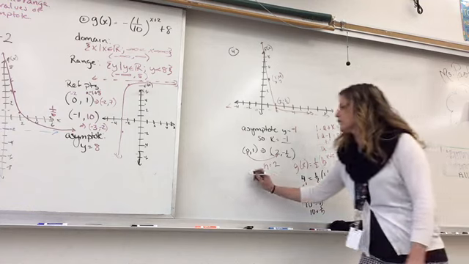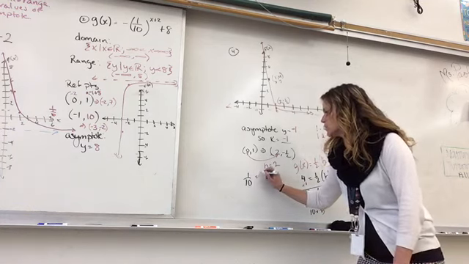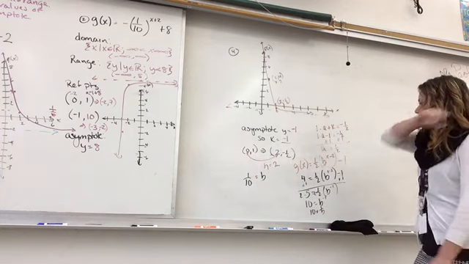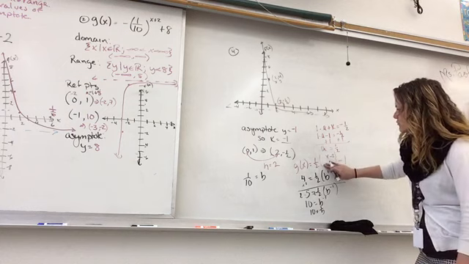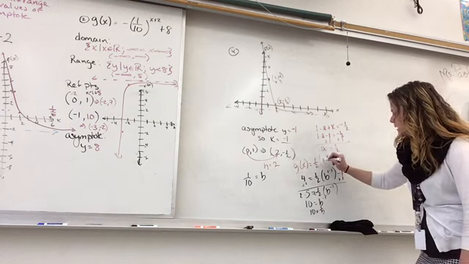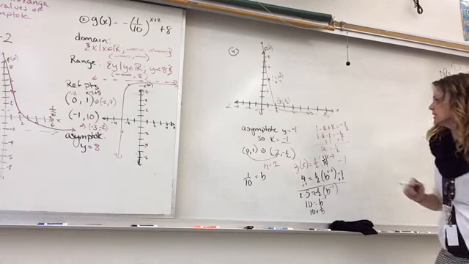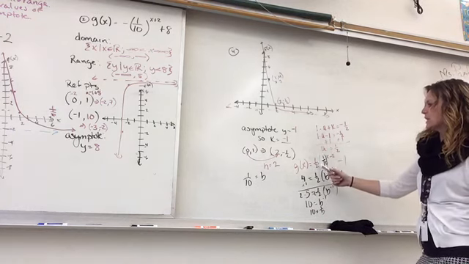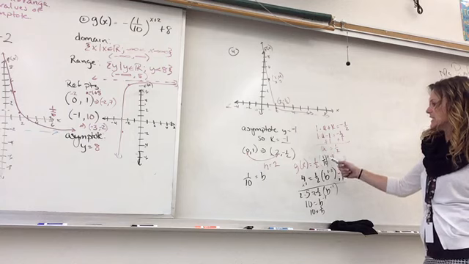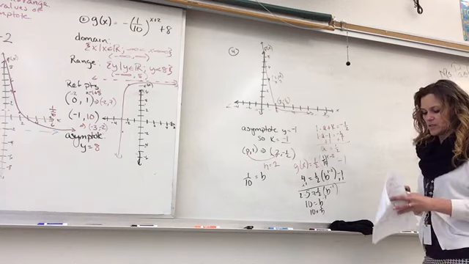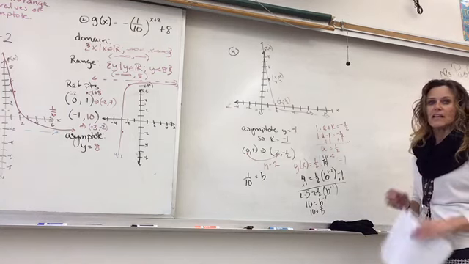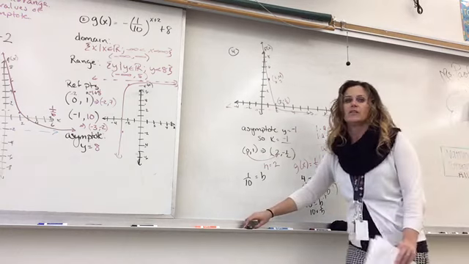To find b, I flip it over, so I get 1 over 10 equals b. Going back to our equation right here, we're going to plug that in. b is 1 over 10, move your parentheses. So g of x equals 1/2 times 1 over 10 to the x minus 2, minus 1. And there you have a second equation of finding your function.